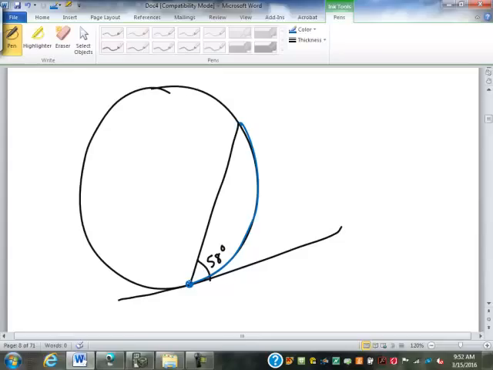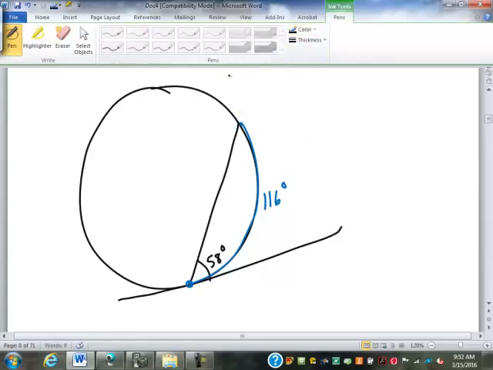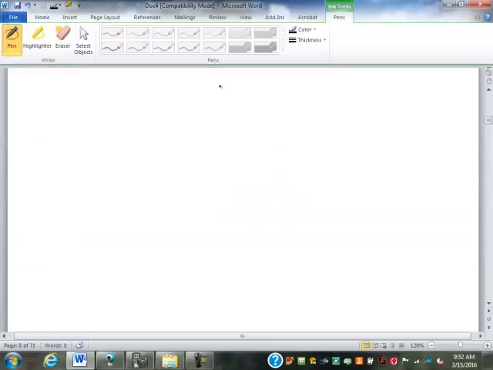If the vertex is on the circle, the angle is half the arc. So it's 116. 58 times 2 is 116. Has to be the arc. What's that? Yeah. You sure? Yes. Okay.